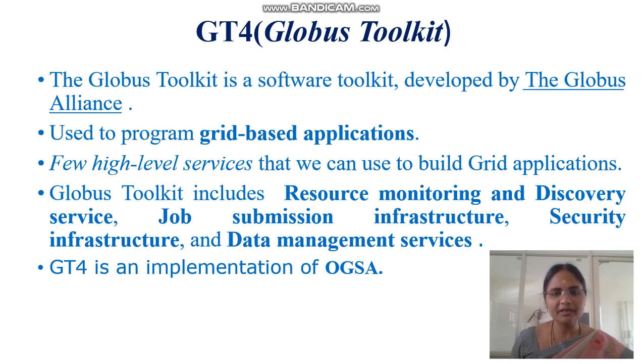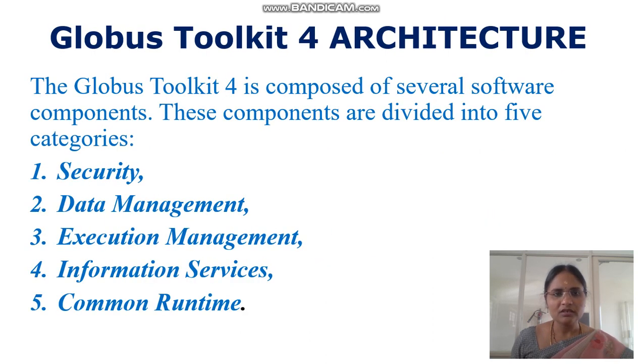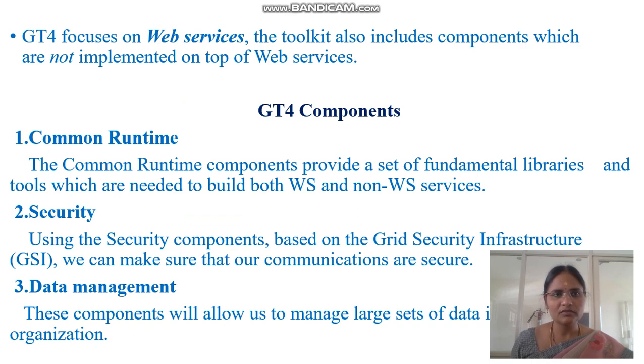Basically, it is an implementation of the Open Grid Services Architecture. GT4 consists of several software components. These components are classified into 5 categories. It is basically focusing on web services, but it also supports non-web services.